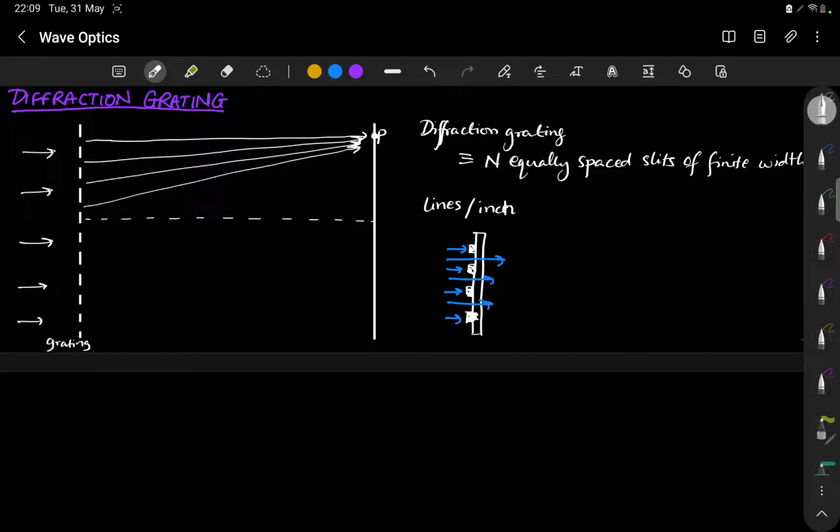So let us consider the intensity pattern generated from such a grating. So as always, we will consider this angle to be theta. Now since each of these slits has finite width, we saw in the case of single slit diffraction pattern for finite width, since this grating is n equally spaced finite width slits, let us recap what we have for a single slit.